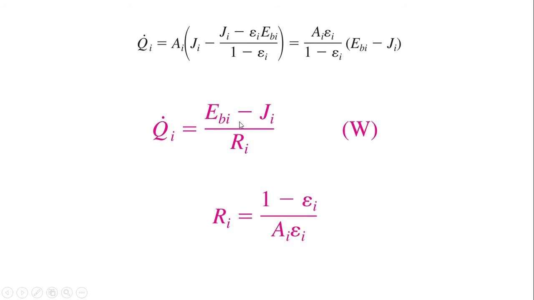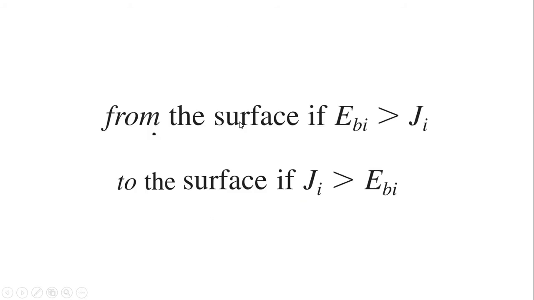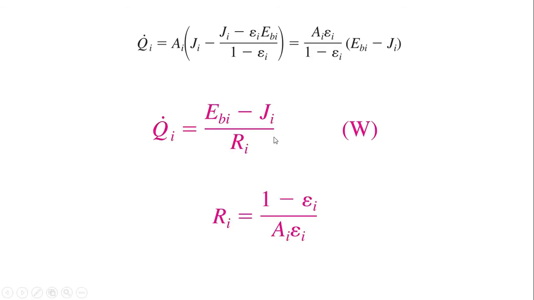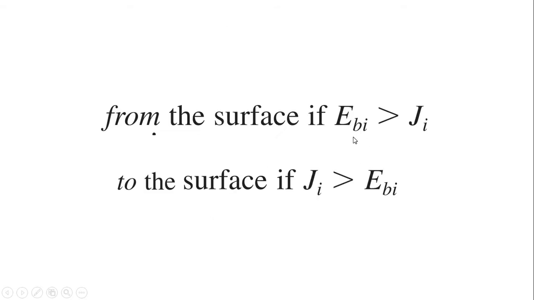So we can just say from this equation that there are two parameters, the emissive power of a black body and the radiosity. If the emissive power of a black body is greater than the radiosity, then the radiation heat transfer is from the surface, and if the radiosity is greater than the emissive power of a black body, then the radiation heat transfer is to the surface.